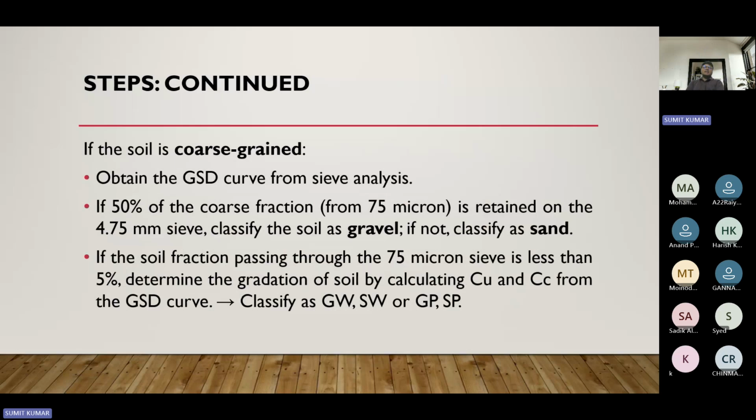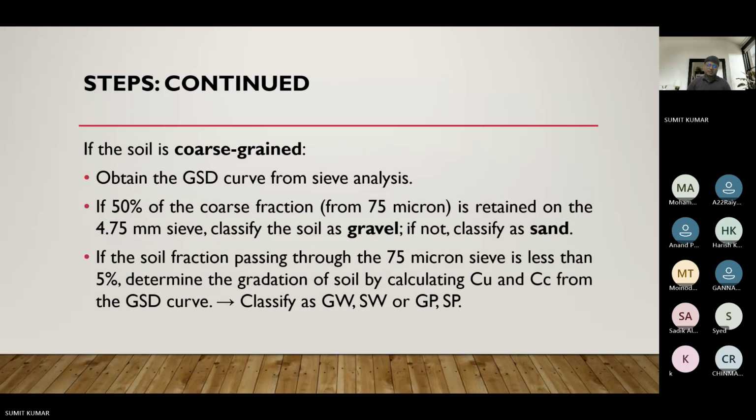Now see, if the soil is coarse grain, obtain the grain size distribution curve. From the grain size distribution curve, you are able to find D60 by D10, that is the coefficient of uniformity, and D30 square by D60 into D10, that is the coefficient of curvature.